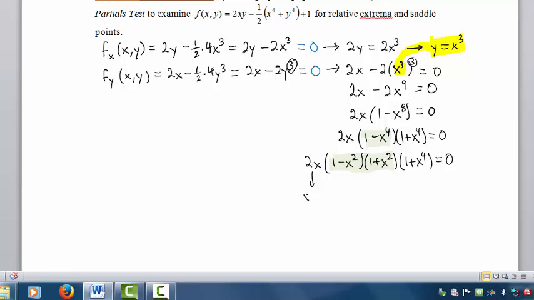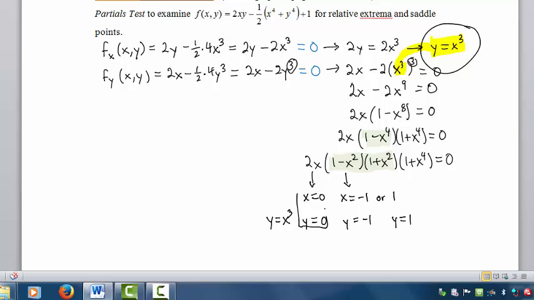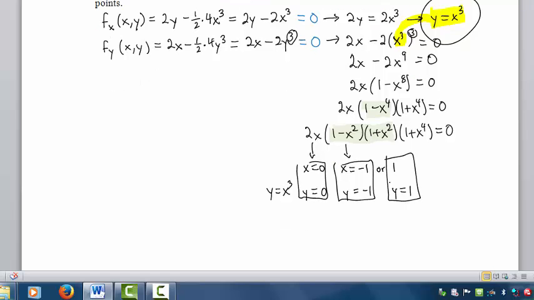So we have x equals 0, x equals -1 or +1, and these last two factors do not contribute any real solutions. Now since y equals x cubed, y equals 0, y equals -1, y equals 1. We have our critical points.